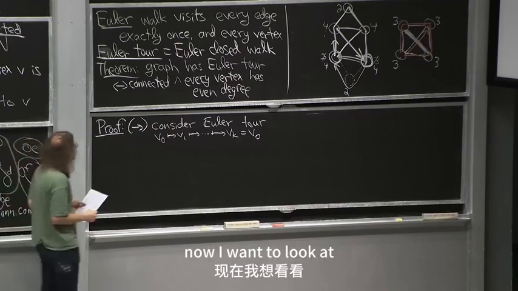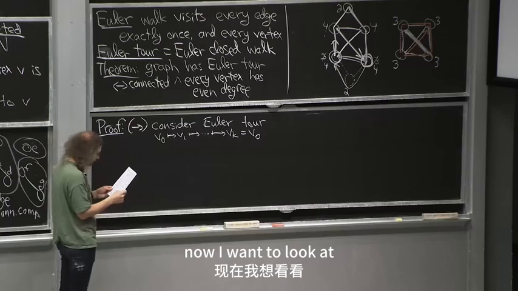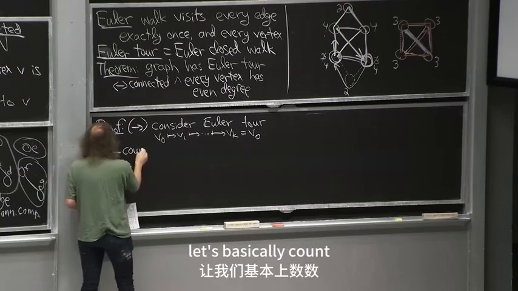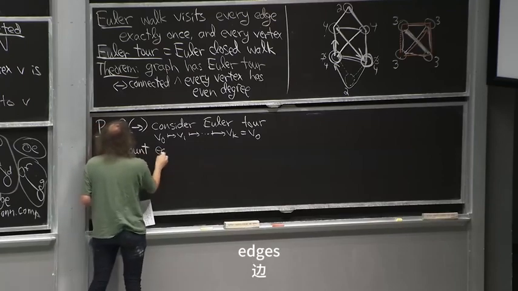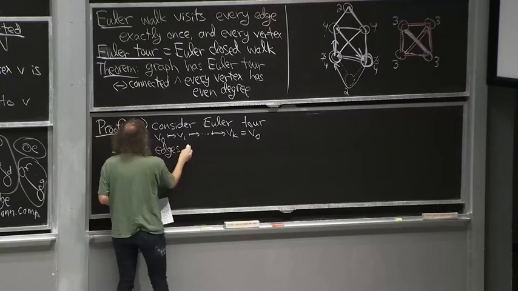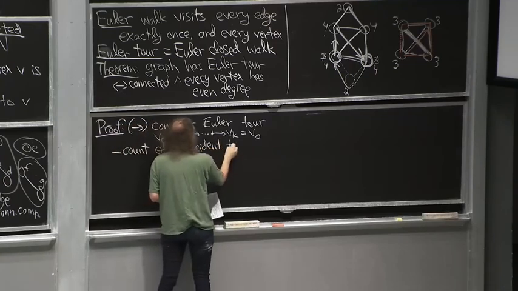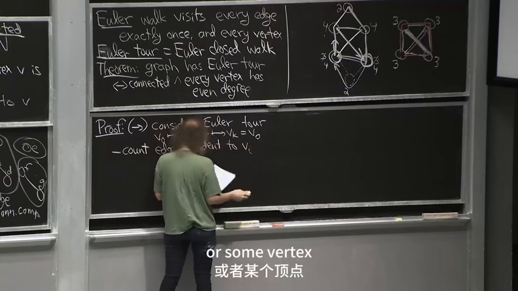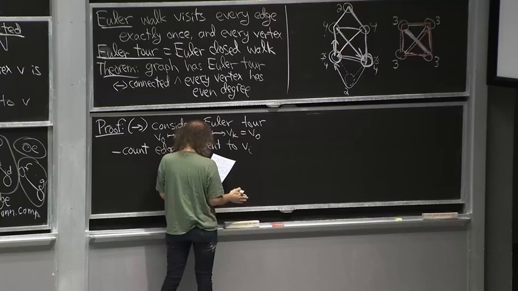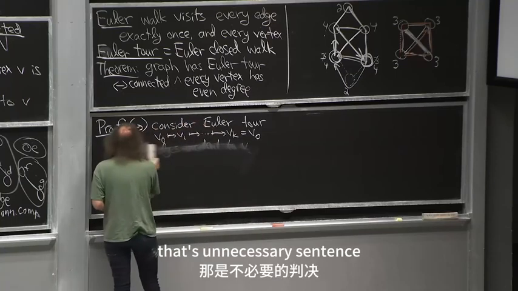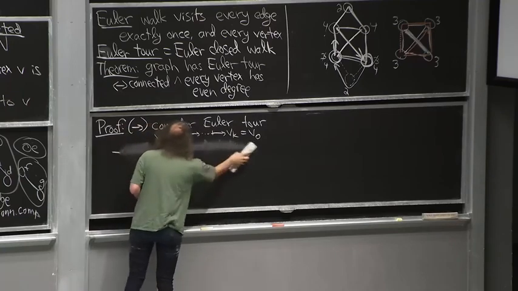All right? Now I want to look at, let's basically count edges incident to vi, or some vertex. I think that's an unnecessary sentence. Let me rewind.